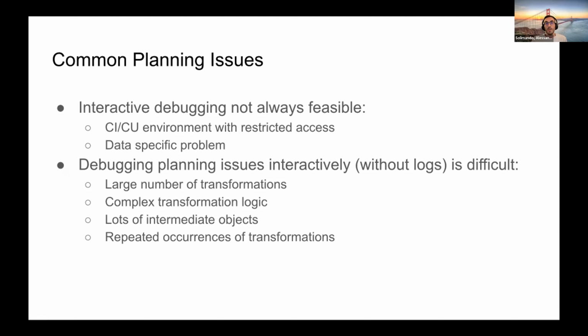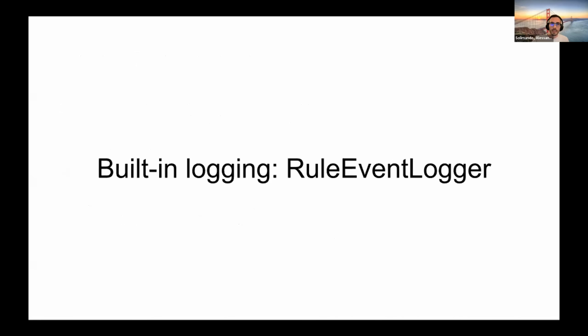Why? Because we have complex transformation logic and a large number of transformations that are also creating a lot of intermediate objects. And last but not least, transformations are applied multiple times. So it's really hard to put a breakpoint, even if you know in which rule the problem is happening. Now, Stamatis, go ahead.